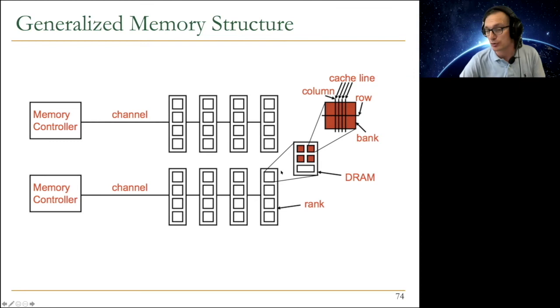Now, this is a module also. You have 4 modules in this channel, 4 modules in this channel. So you have multiple channels also, so that you can again improve throughput. You can do multiple accesses, and you can also have higher capacity, as you can see. This hierarchical structure enables you to start with a low access latency as much as possible and build up to high capacity as well as high bandwidth at the same time.